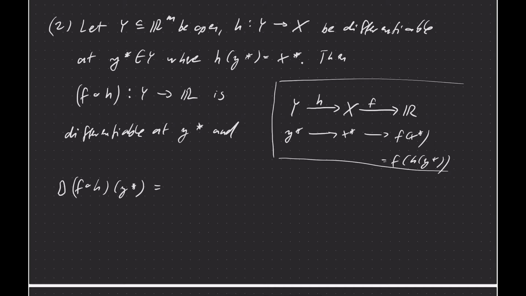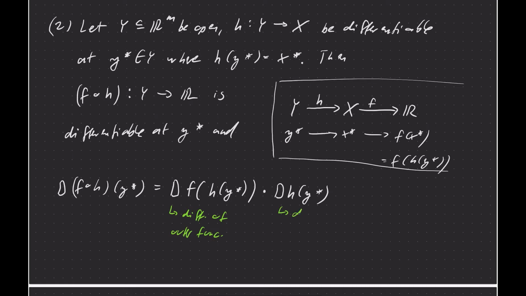So we first differentiate the outer function. So we take the differential of f. We evaluate that at the point h of y star. So at x star, at the original point. And then we need to multiply it with the differential of the inner function. So multiplied by dh taken at y star. Okay, so that's the differential of the outer function. And that is the differential of the inner function.